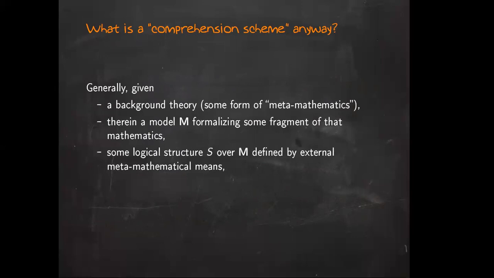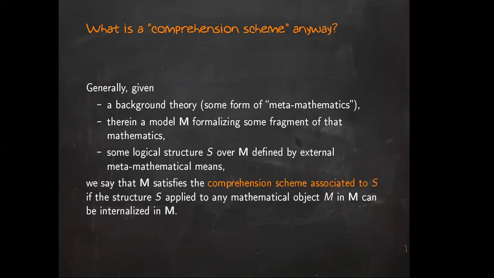And then we might be given some logical structure S over that model. And given that data, we say that model M satisfies the comprehension scheme associated to S if whenever we apply that structure S to an object in M, the resulting thing can be internalized in M, right? So this sounds very esoteric, but on the next slide, I will give a little dictionary of what that means in set theory and what that means now in our context, all right?